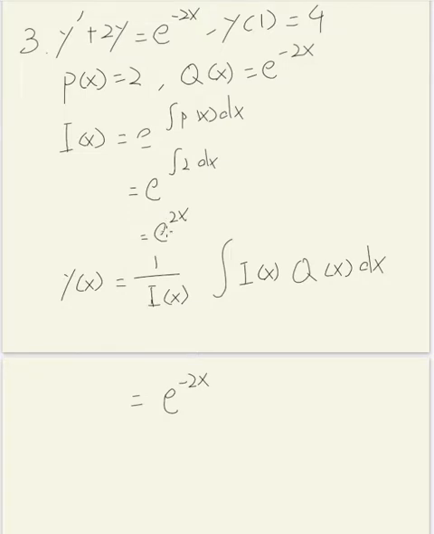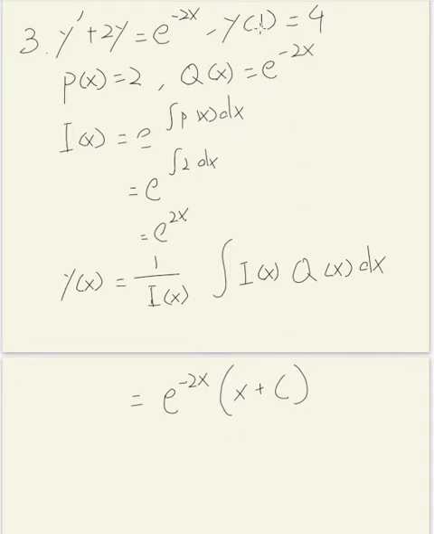Now, I is e to the 2x, q is e to the minus 2x, so the product is just 1. And if you integrate that, you get x plus arbitrary constant c, right? So this is the general solution.